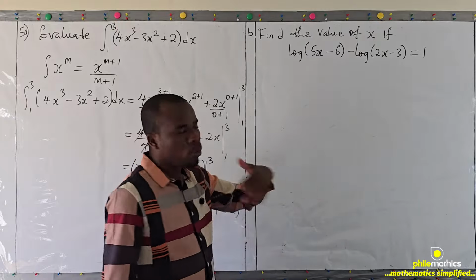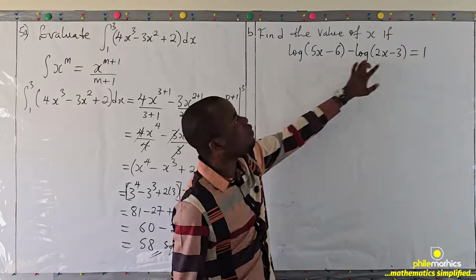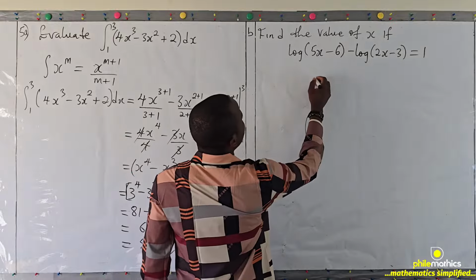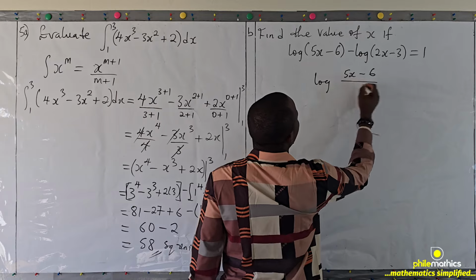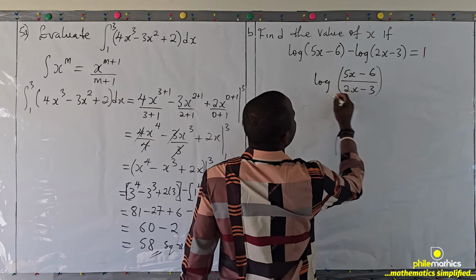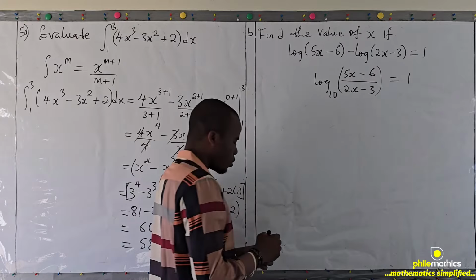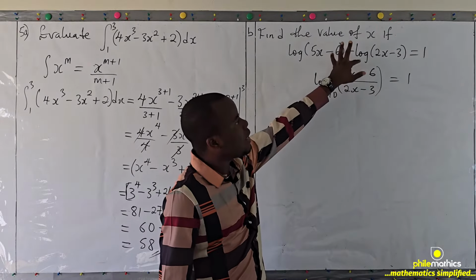And so you know from laws of logarithm, when we are subtracting, we divide the numbers. So this is log of (5x minus 6) over (2x minus 3) to base 10 equals 1.